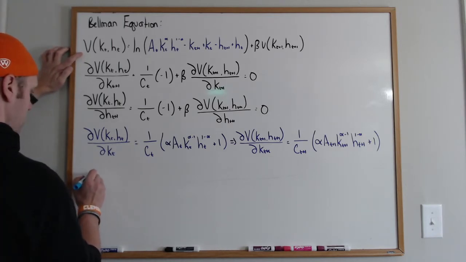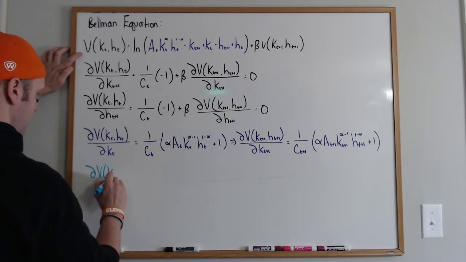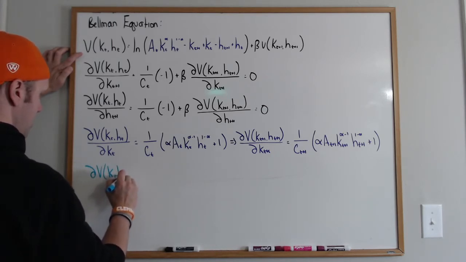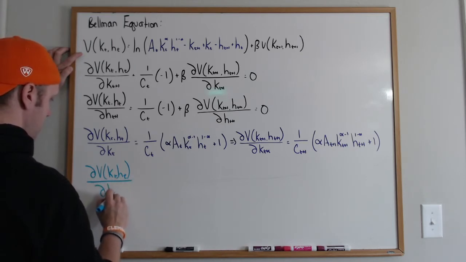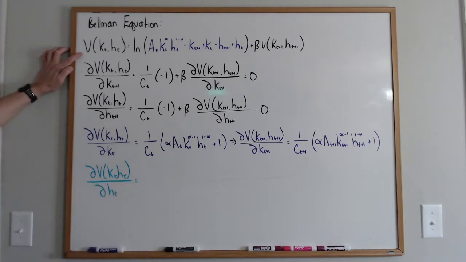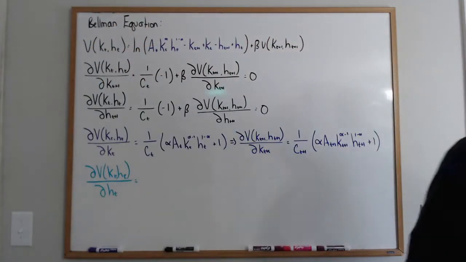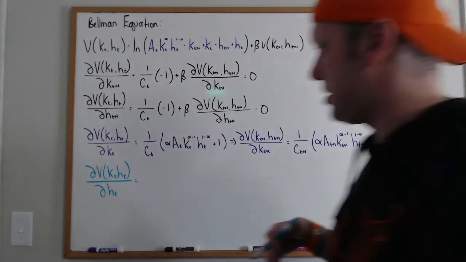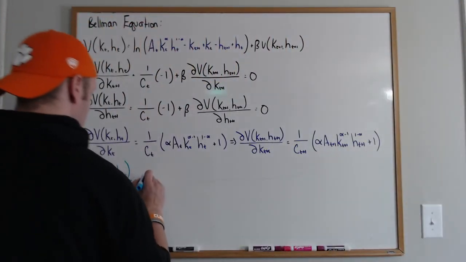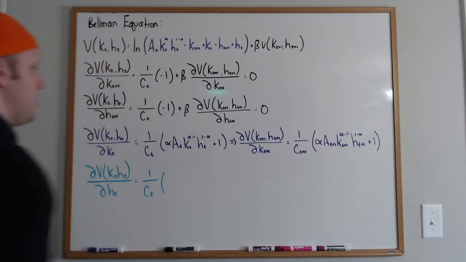Well, it's going to be the partial of this value function V(k_t, h_t) with respect to h_t. Remember, just like we had with this thing with respect to k_t, instead of h_t, we got 1 over c_t times a bunch of stuff. Same thing holds here. You get 1 over c_t times a bunch of stuff.